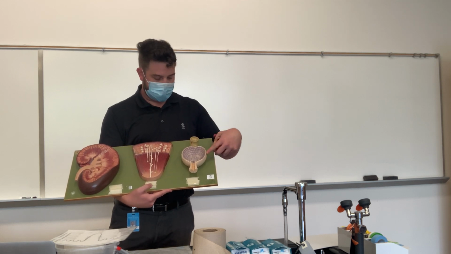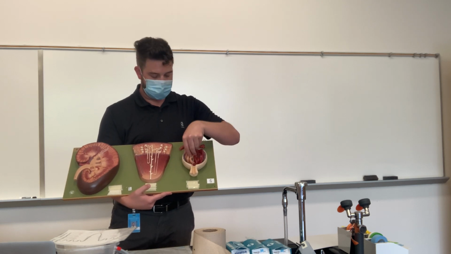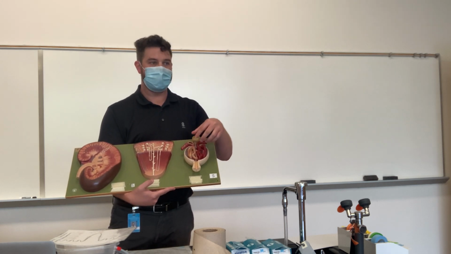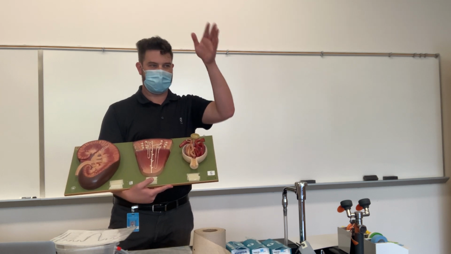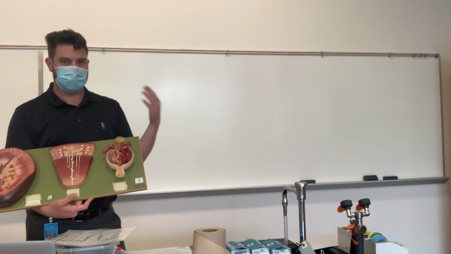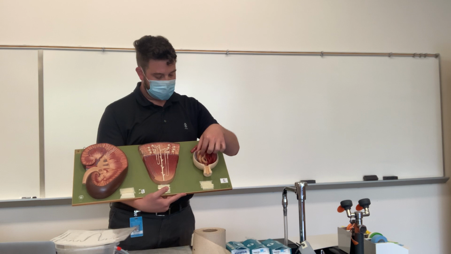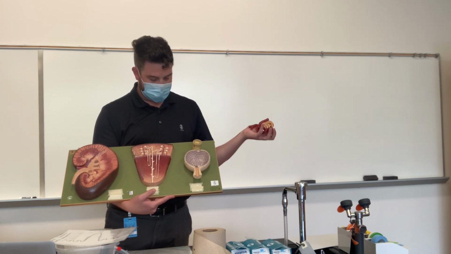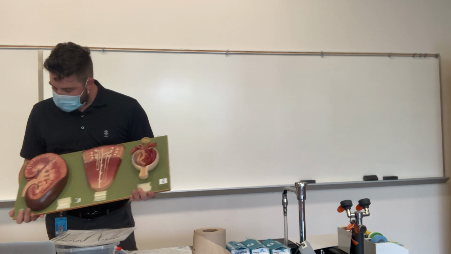So you can talk about the capsule as Bowman capsule, you can talk about the glomerular capillaries, or you can talk about both of them being the corpuscle, the renal corpuscle. So it's just kind of looking at how things can be put together and how they break down the organization. So when you hear these terms, you understand when we say renal corpuscle, we're talking about the whole thing. When we talk just about the capsule, it means just the capsule.